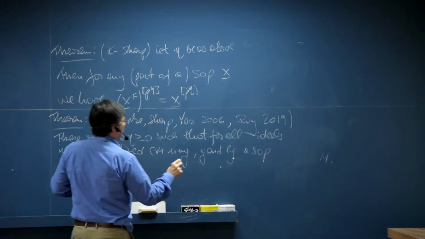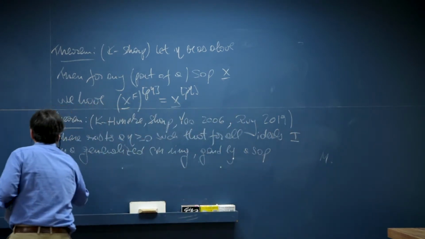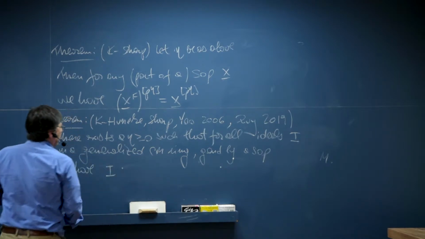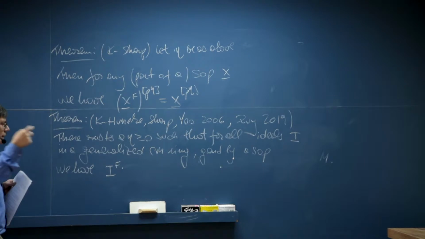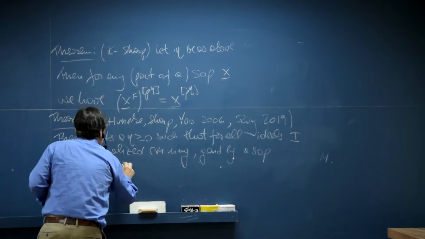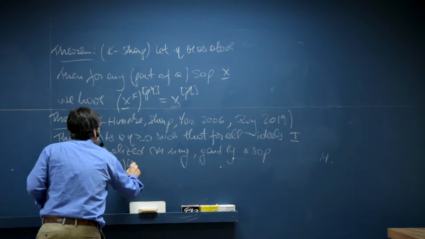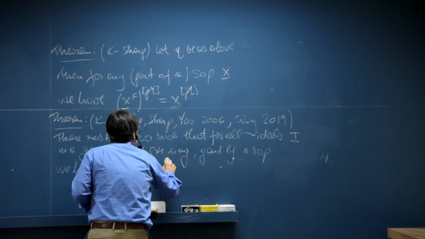All ideals I, we have, if you look at the Frobenius closure of this ideal, it's enough to compute it using these eta steps. So I'm going to write it as the Frobenius closure of I to the Frobenius p to the eta is the same thing as I to the Frobenius p to the eta.